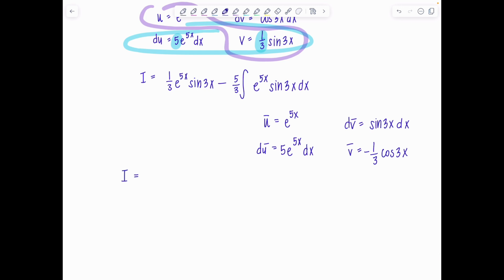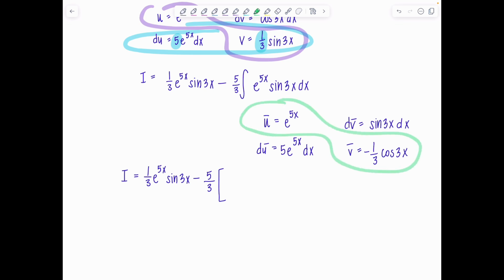So I is 1/3 e to the 5x sine 3x minus 5/3 times, here we go, u bar v bar. I'll do it in a different color so you can see it very well.